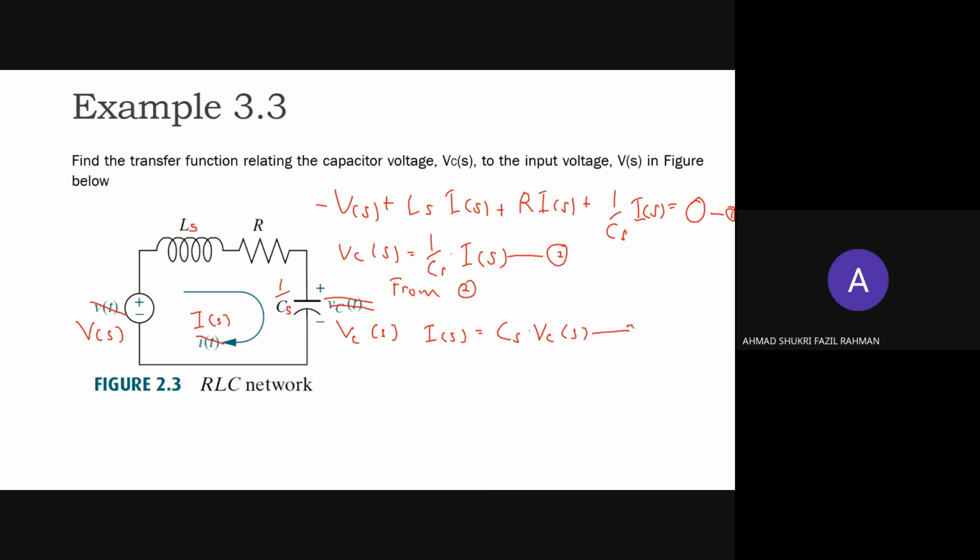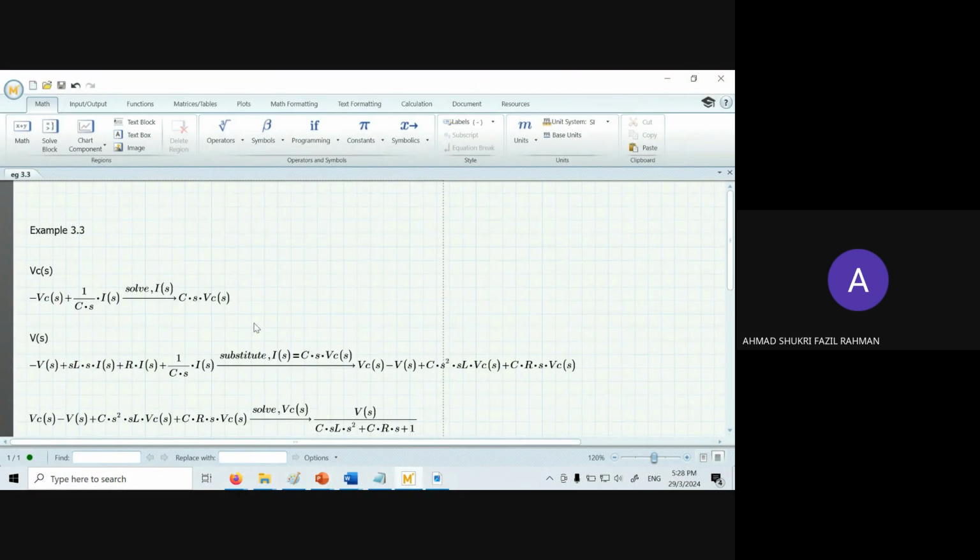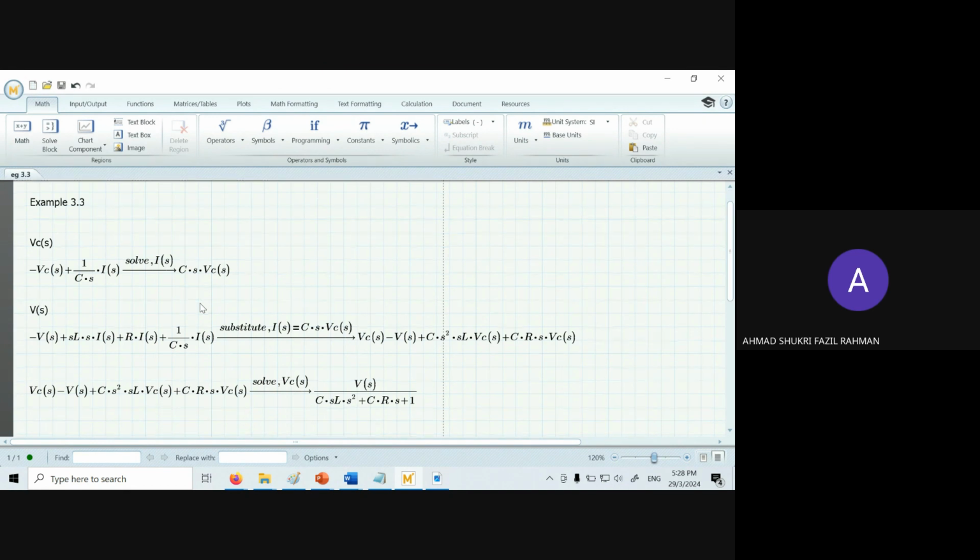Okay, so we can call it equation number 3, and then from here we can substitute into 1. Okay, anything that is IS we include. So I have already, so you can see from here, for example 3.3, I already completed.